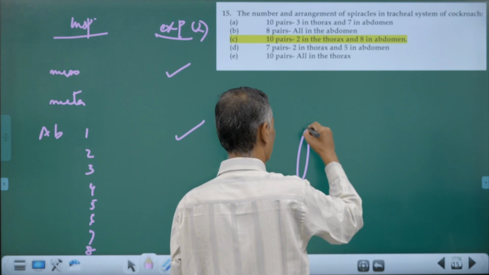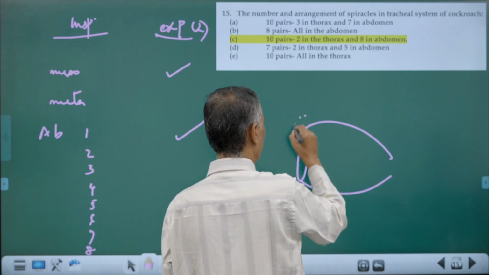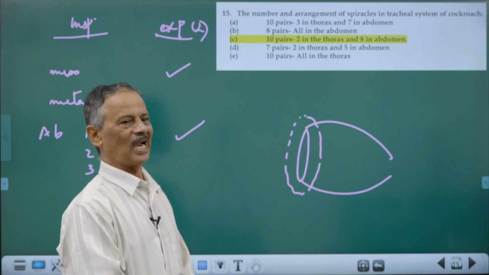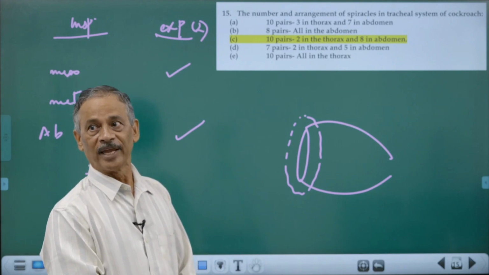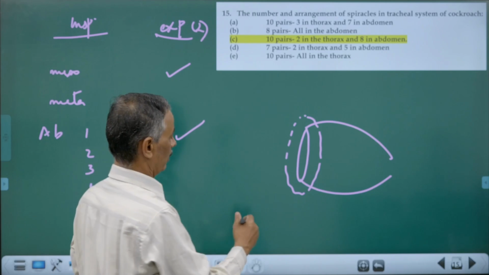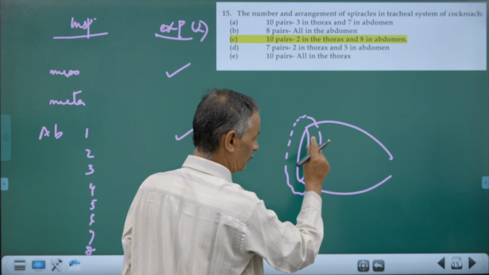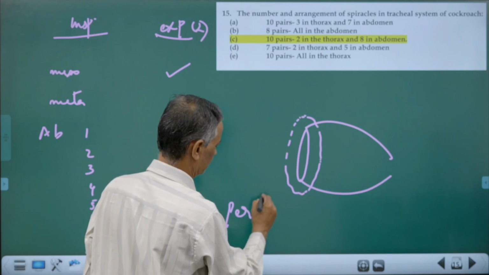Suppose this is the atrium, this is the spiracle. The spiracle will be surrounded by a chitinous ring plate. It is called the exoskeletal plate, chitinous plate around. It is called peritreme.